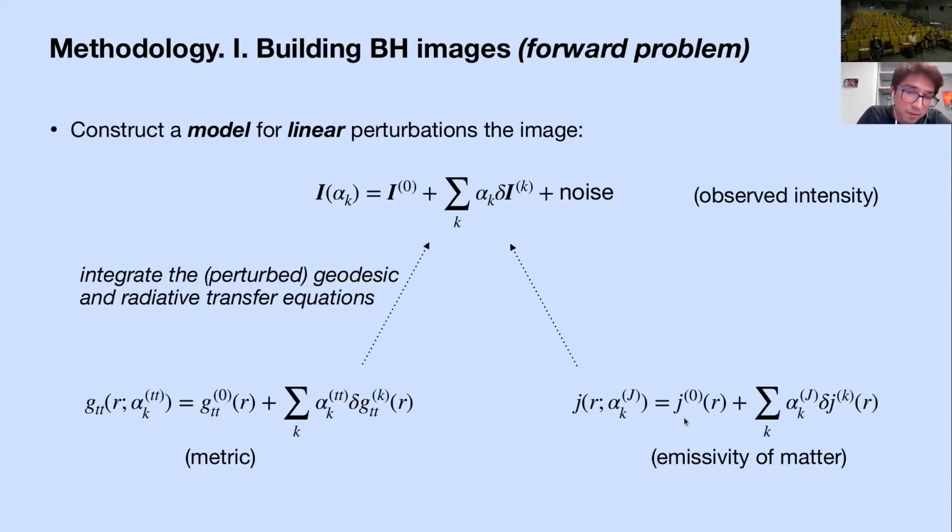We can also describe the matter in a similar way, and we can solve the geodesic and radiative transfer equations to produce the modifications of a black hole image. For simplicity, again, since we work in a proof of principle type of project, we linearize the equations of motion to produce a linear model for the black hole image.